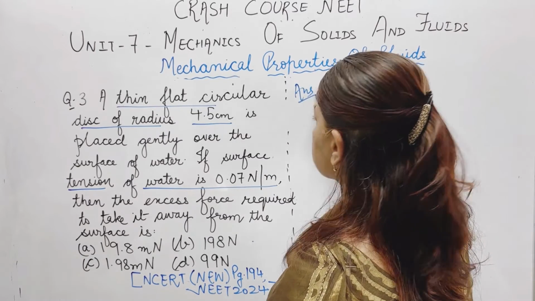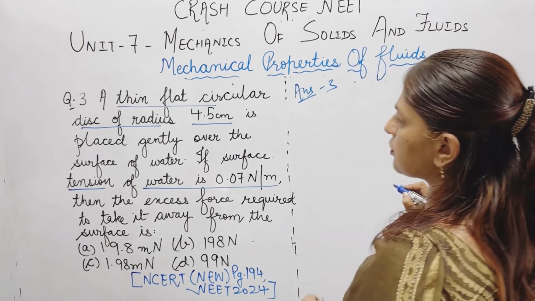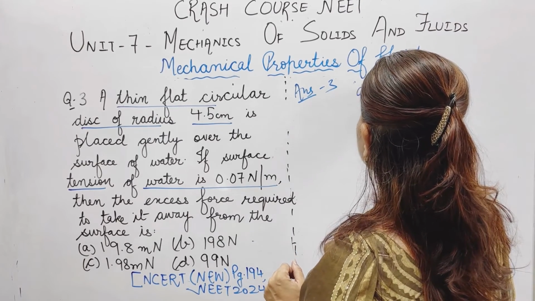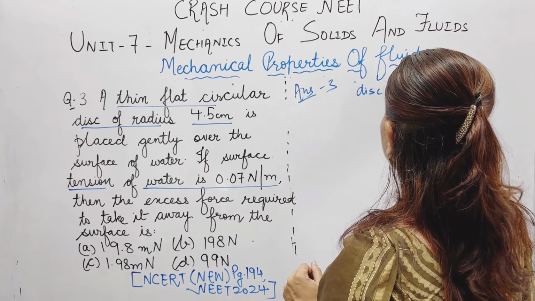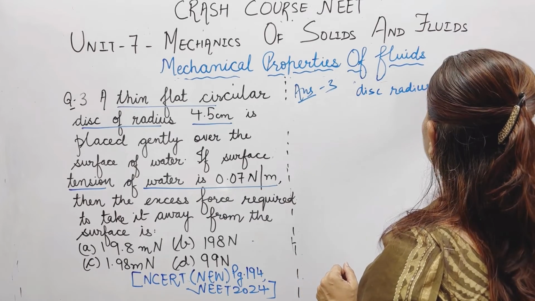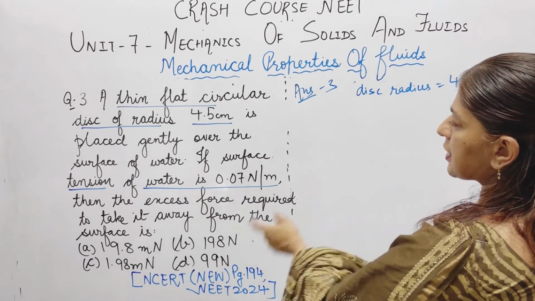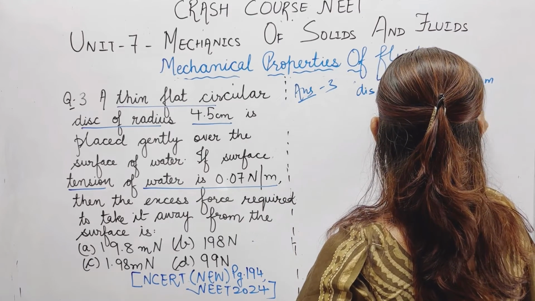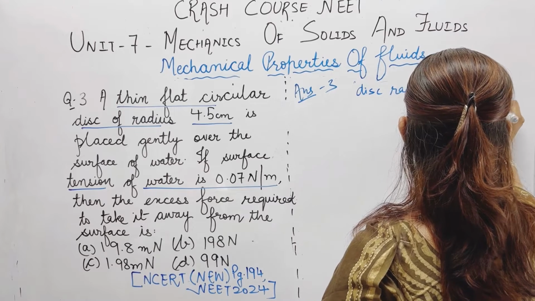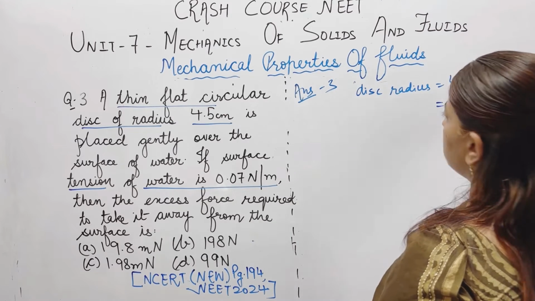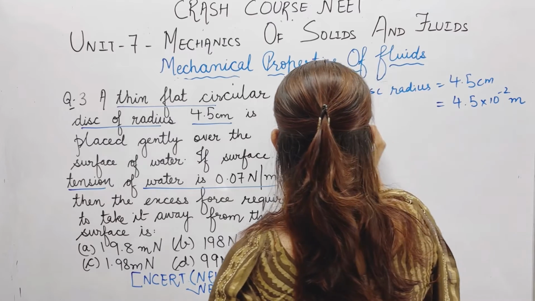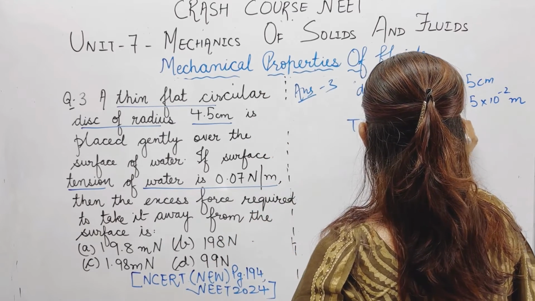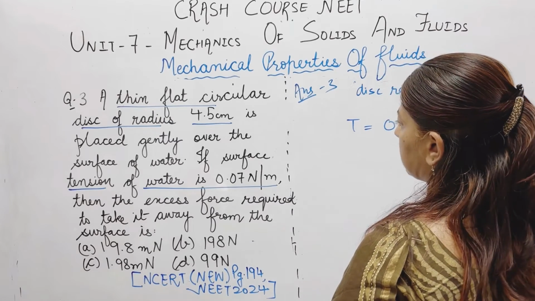So this is a formula based numerical. It is simple. The disk radius is 4.5 centimeter. Since options are given in meter Newton, so let us change it in the meter. 4.5 into 10 power minus 2 meter. Tension is being given to us, 0.07 Newton per meter.